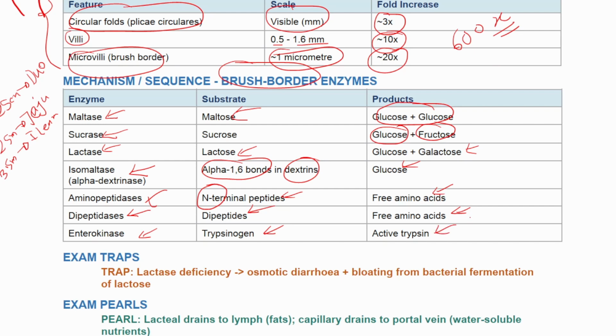And once these enzymes break down nutrients, the single sugars rely on transporter mapping. There are different transporters we have discussed, such as SGLT1, GLUT5, GLUT2, and GLUT3. Just keep them in mind. You don't need to memorize them verbatim.